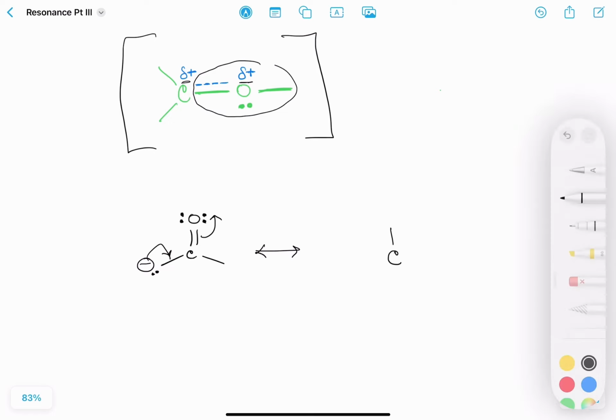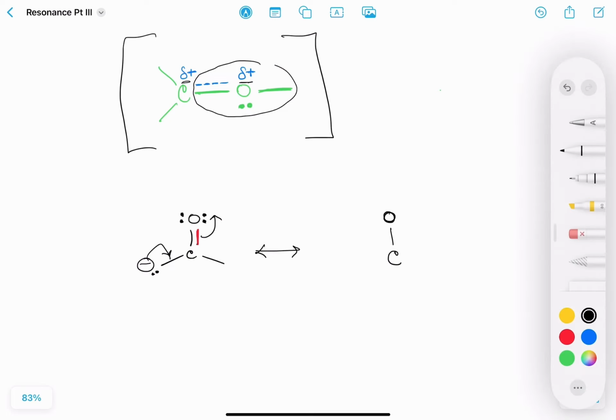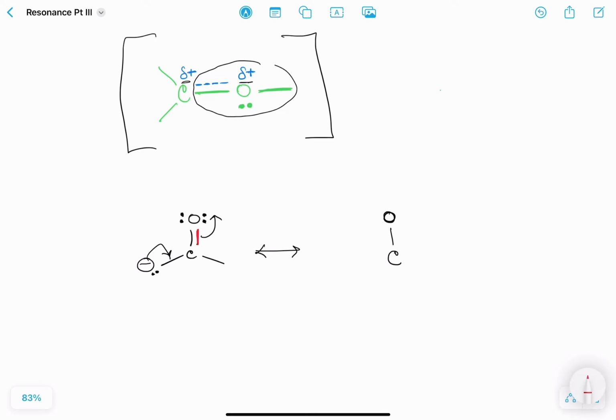I'll go ahead and notate this bond in red. And now I'll show that they jumped up on the oxygen. Excuse me, screen is moving. And so we have a double bond there, which I'll portray in blue.